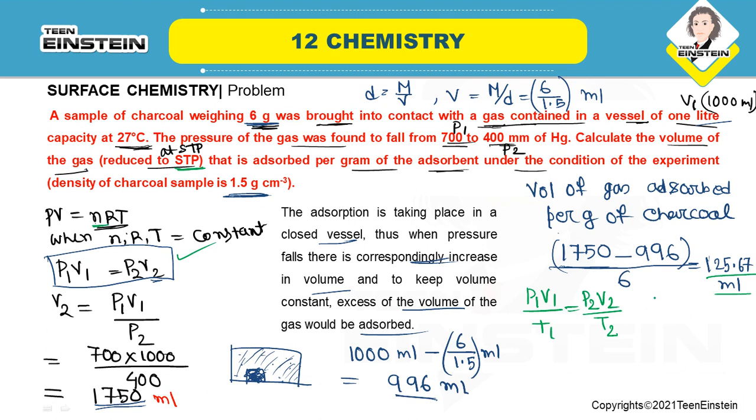So that is why we have to use this equation. Here T1 is 27 degrees centigrade, which means 300 Kelvin. Then V1 is 125.67. Then what about P1? P1 is 400. And what will be P2? P2 is 760, because that is according to the STP condition, all in millimeter Hg unit.